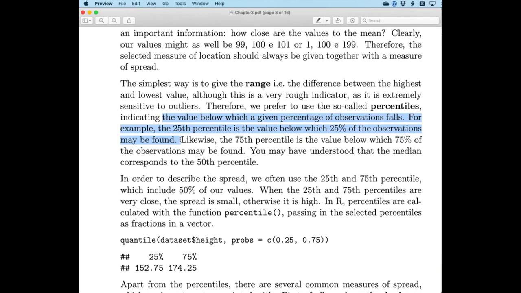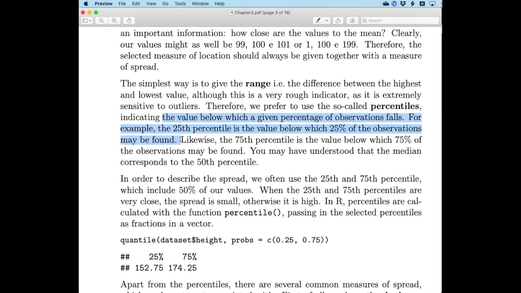So I could use, for example, the 25th and the 75th percentile. Because I have two numbers, the first one is higher than 25% of observations. So it is below the median. And the 75th percentile is the value below which we have 75% of observations.